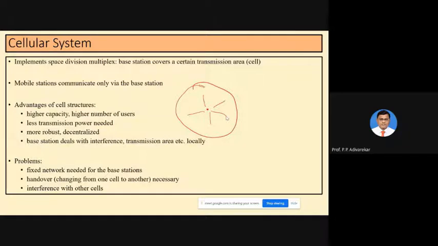The larger the area, the more power will be required to transmit the radiation in that particular region. Again, I'm repeating, the larger the area, the more power required.